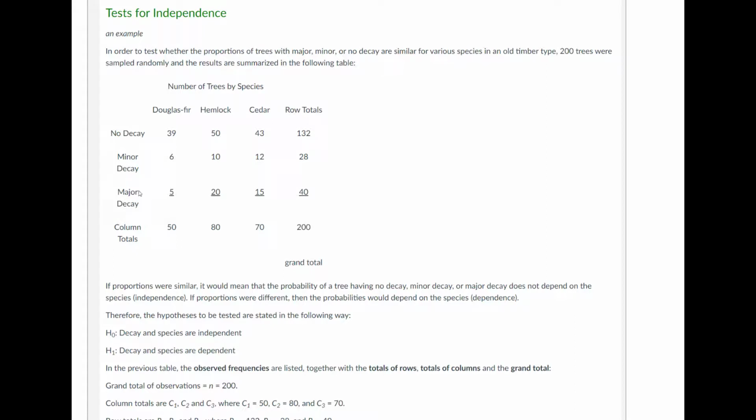So 3 levels of decay. So we want to test whether decay and species, these 2 kinds of variables, are actually independent or not. The null hypothesis is they are independent. The alternative is that they are dependent.